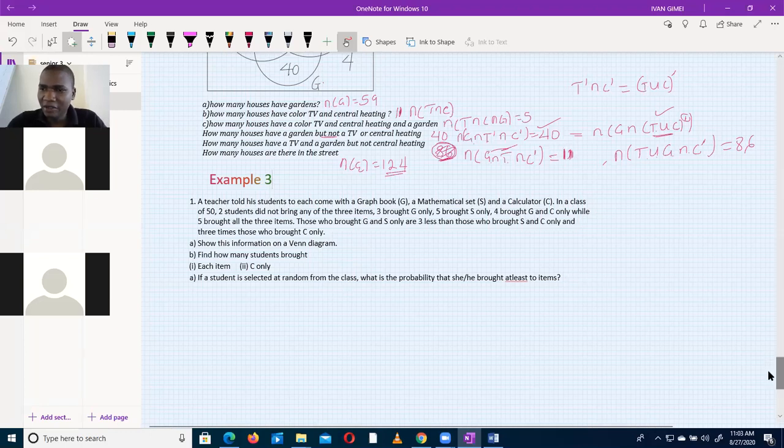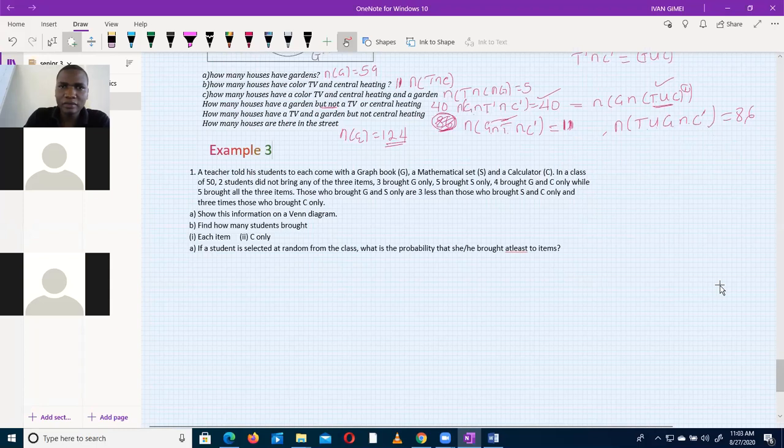We want to write this in set notation. Solution. We start by summarizing.